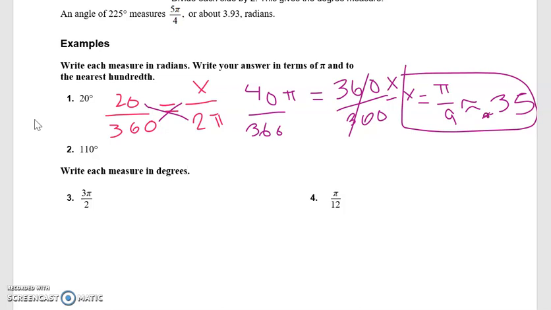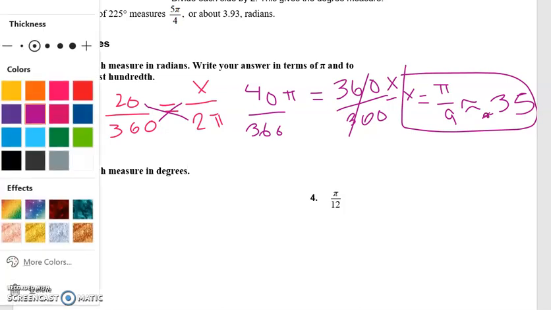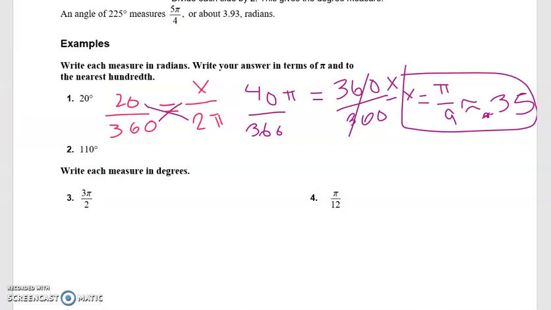That's a decimal. Okay, I'm going to use a different color for the next one. It's the same process. So 110, that's going to be on top of the 360 because it's in degrees. We can put the little degree there if you like.